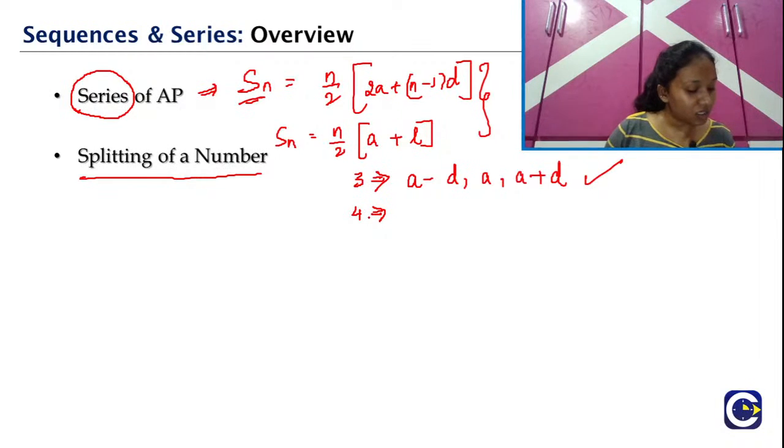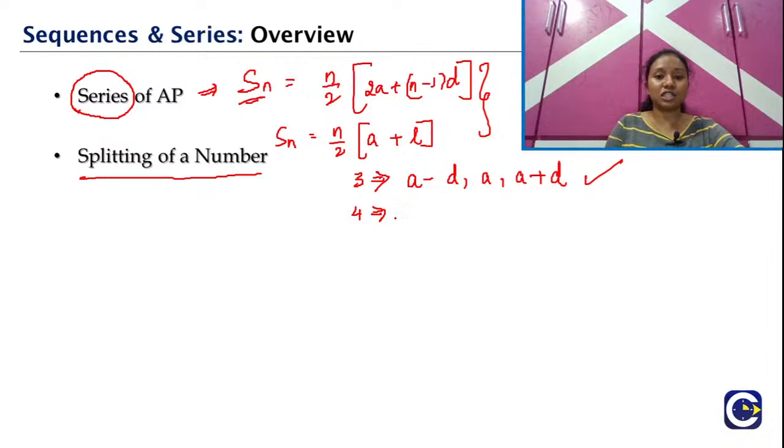Okay, Jagadish has given here a minus d, a plus d and a plus 2d. So if you see the order that you have given, that is a minus d, a plus d and a plus 2d. The trick here is that we take these terms in order to eliminate one of the terms, that is the common difference.